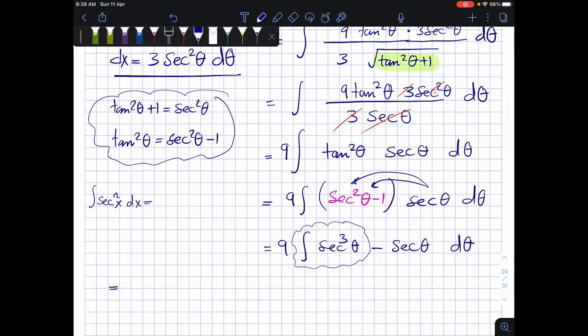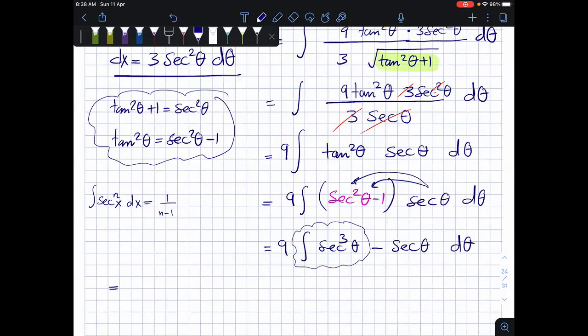Sec to the power of n, sec to the power of 3, like this. Sec to the power of n, yes, equals 1 over n minus 1.